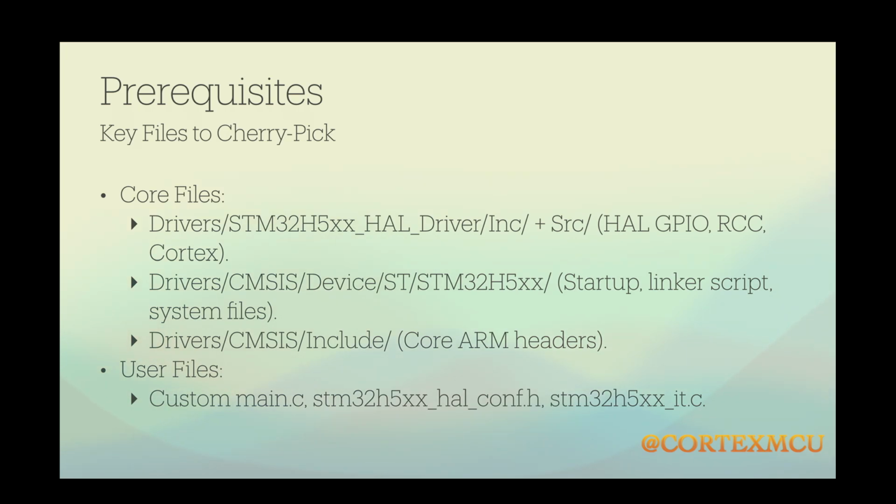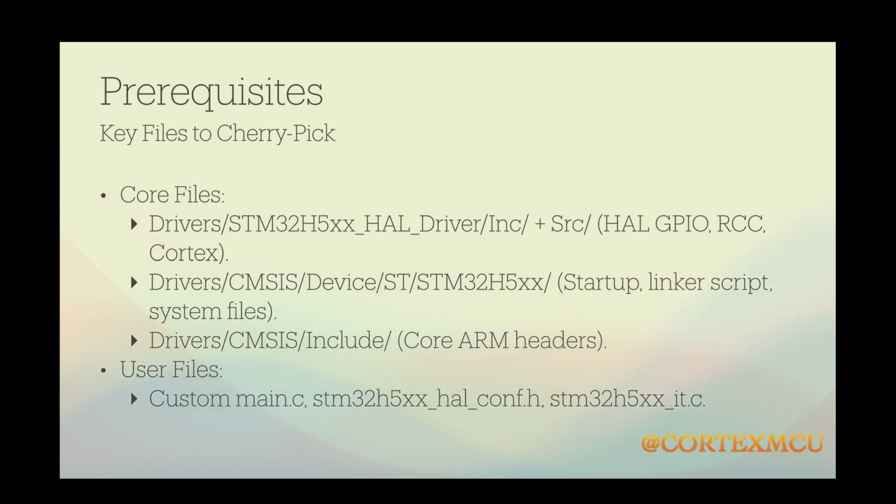So the key files to cherry pick for the new project include core files and user files. For core files, we will copy the drivers STM32H5xx_HAL_Driver include and source files.